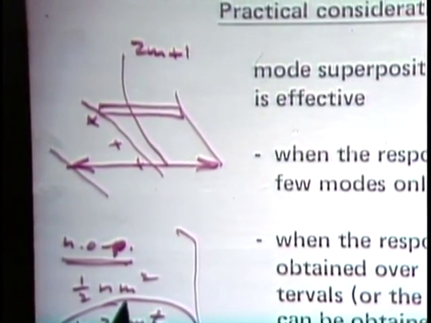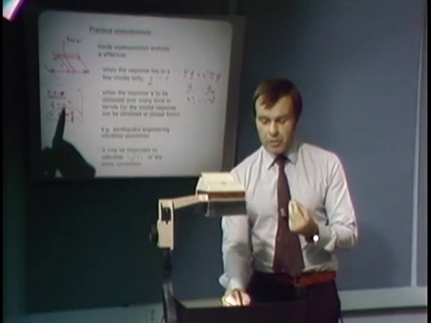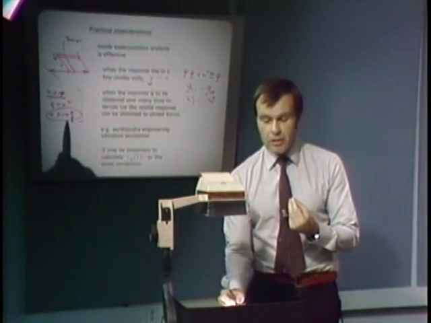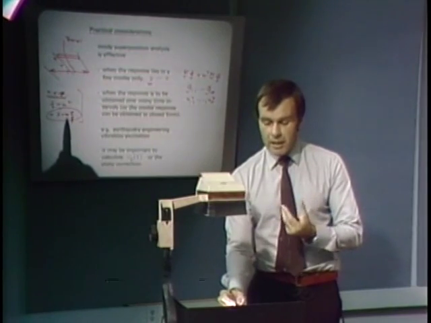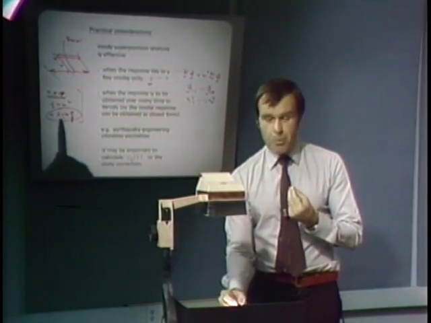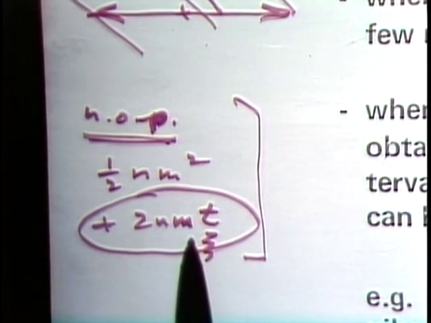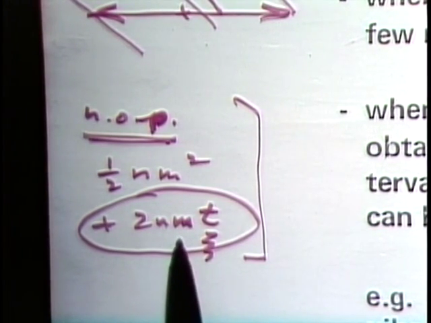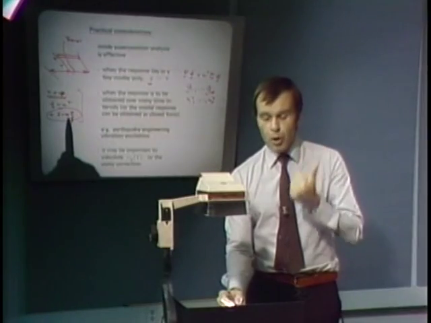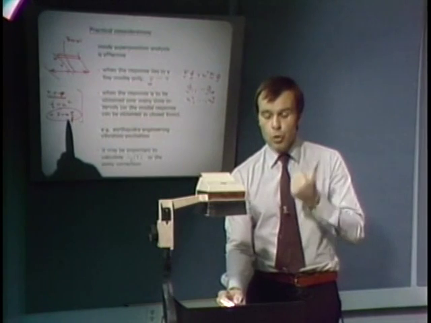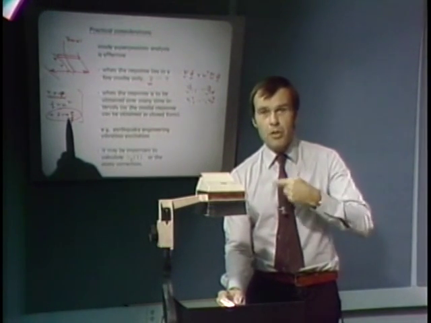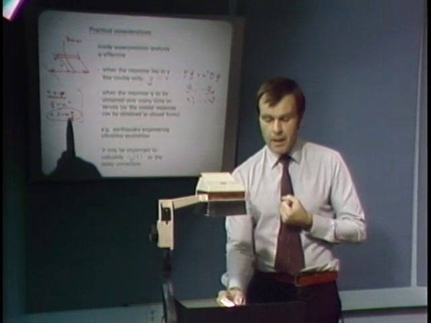So if we are reducing the bandwidths, as we do in mode superposition analysis, then we can see immediately that this number of operations, which is directly proportional to the number of time steps, goes down. And that is exactly the objective in mode superposition analysis that I talked about earlier. That is the first important objective. We want to reduce the bandwidths for the direct integration analysis.